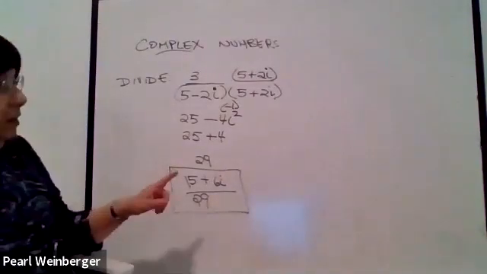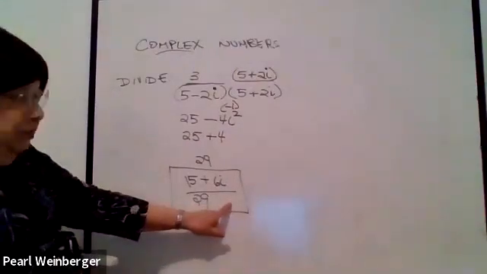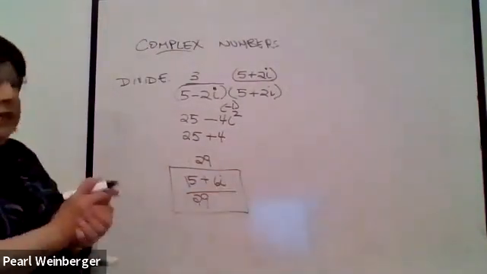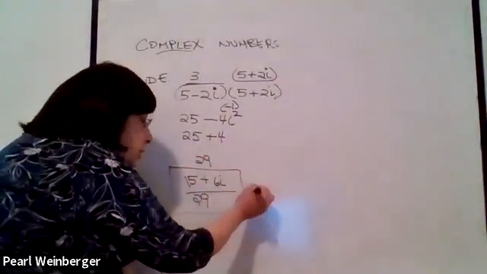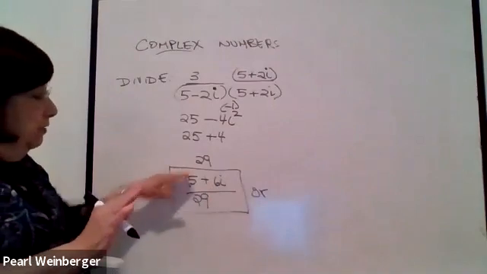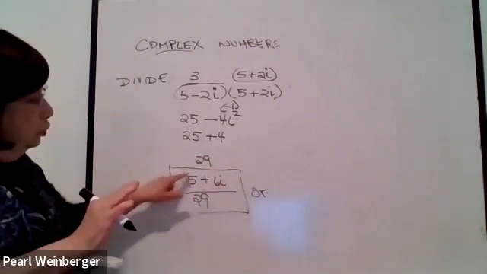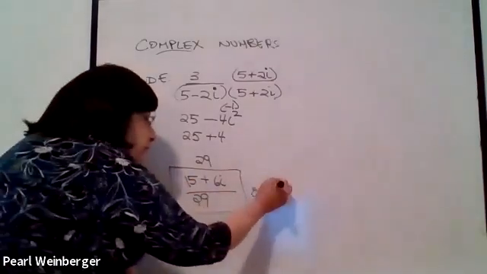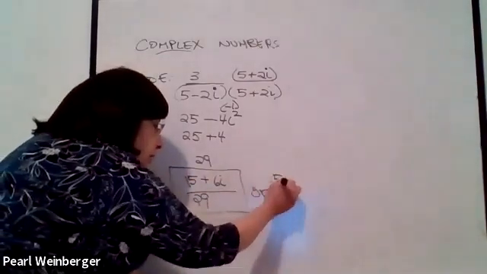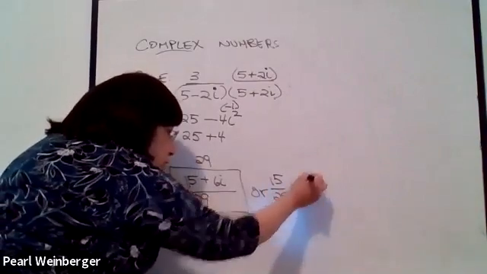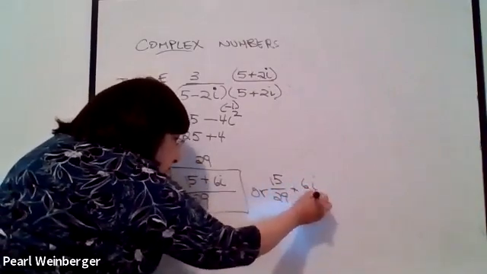Just as an aside, this is a perfectly valid way to leave the answer, but sometimes in these cases when you have an i, instead of putting it as two terms over one denominator, it gets separated, and they put the 15 over the 29 separately with the 6i over 29 separately.